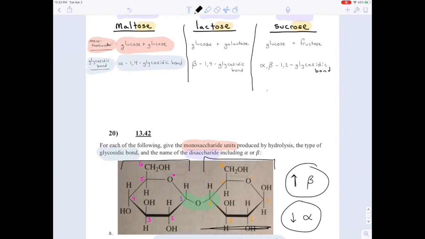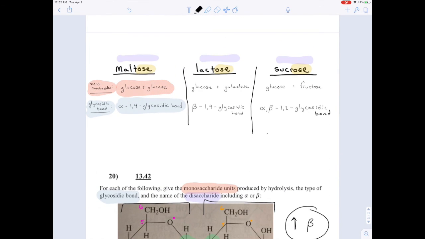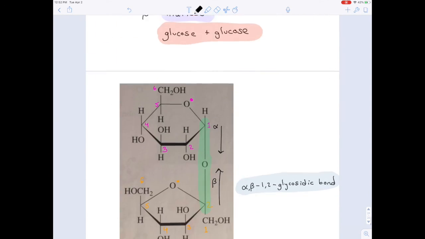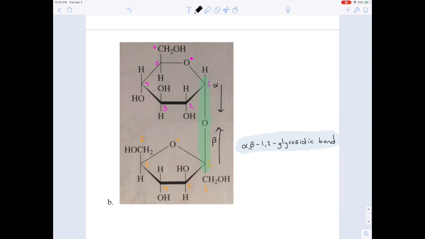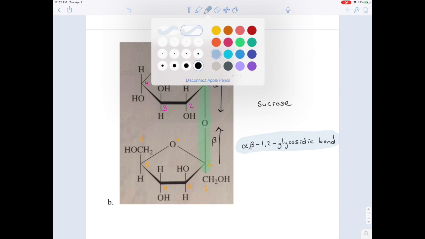Because when you refer back to the disaccharides that you would want to know, you would see that only one of them has an alpha-beta 1,2 glycosidic bond, and that is sucrose. So we know that this must be sucrose. So that is our disaccharide.